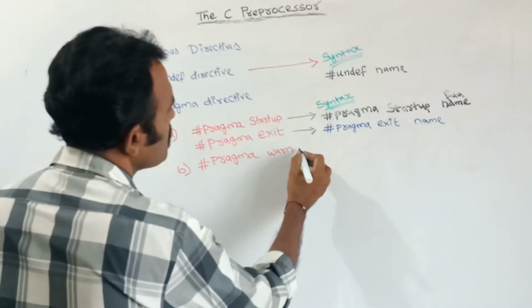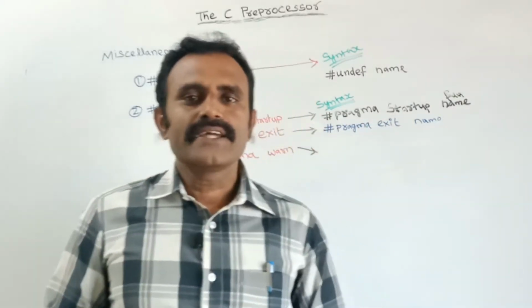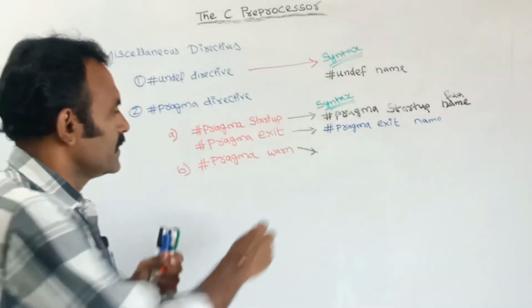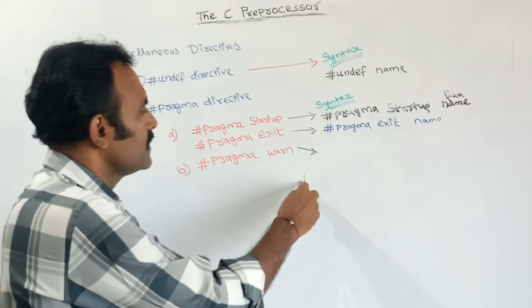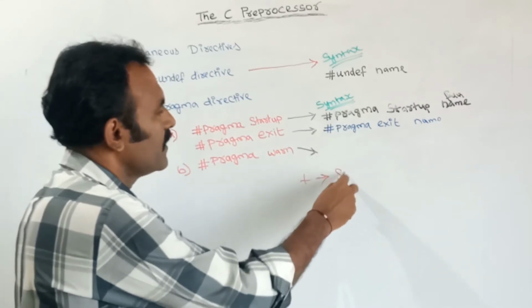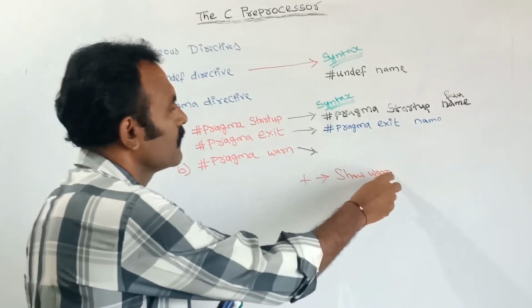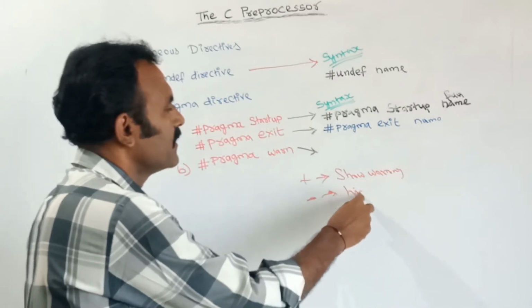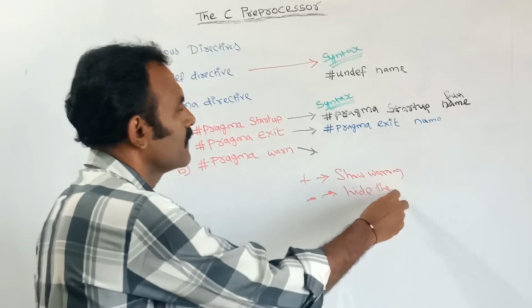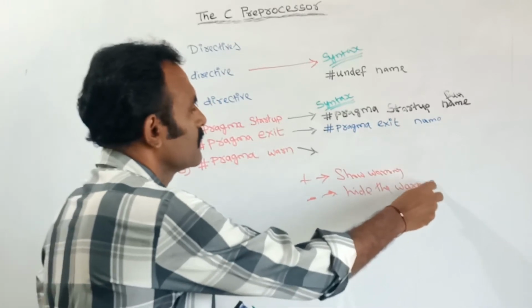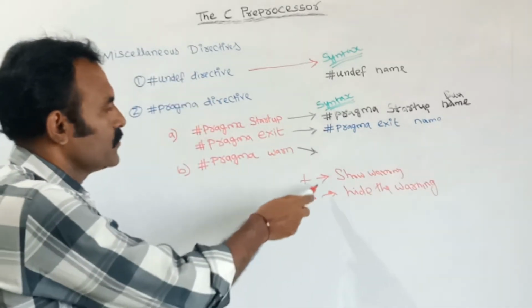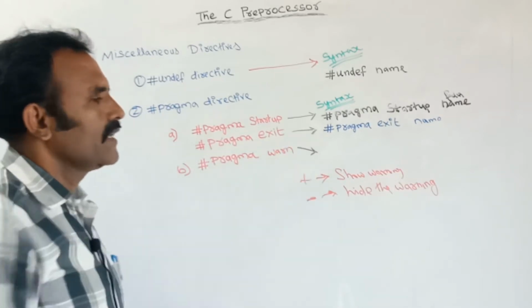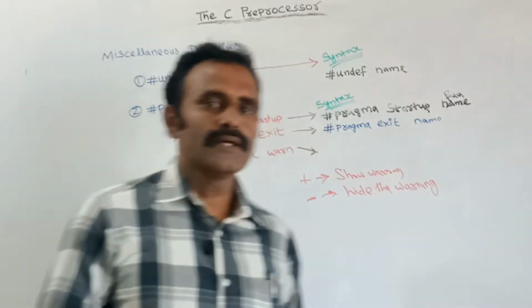Here we are using the symbol plus or minus. This plus symbol is used to show the warning. The minus symbol is used to hide the warning. So by using this plus or minus, we can hide or unhide the warning given by the compiler.